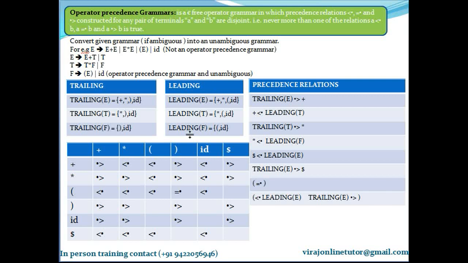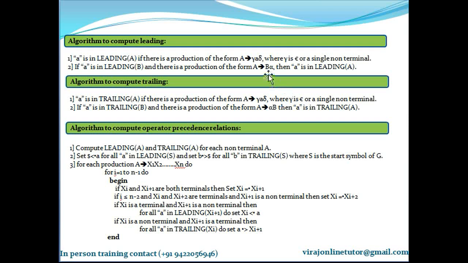Let's apply this rule. Gamma is epsilon, a is open bracket. Please note down carefully that this small a is a terminal.